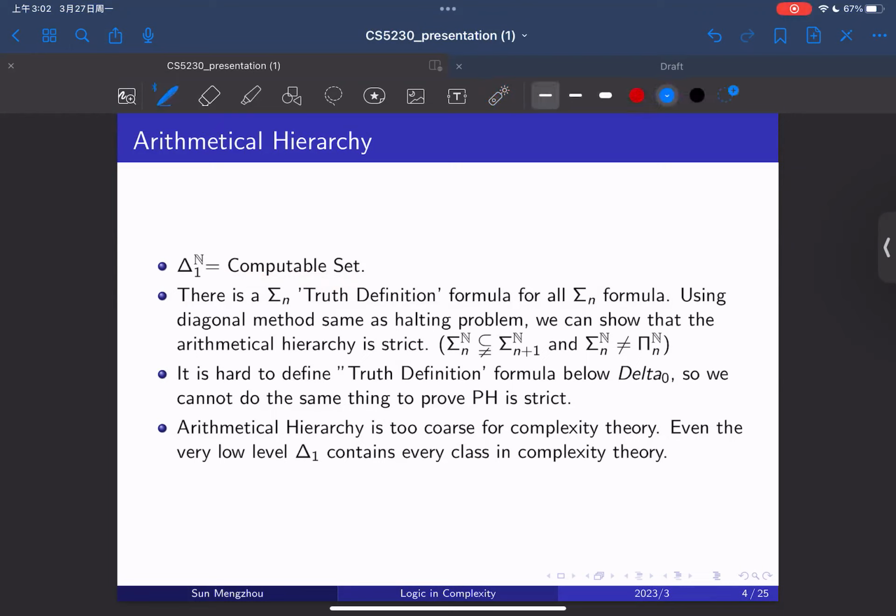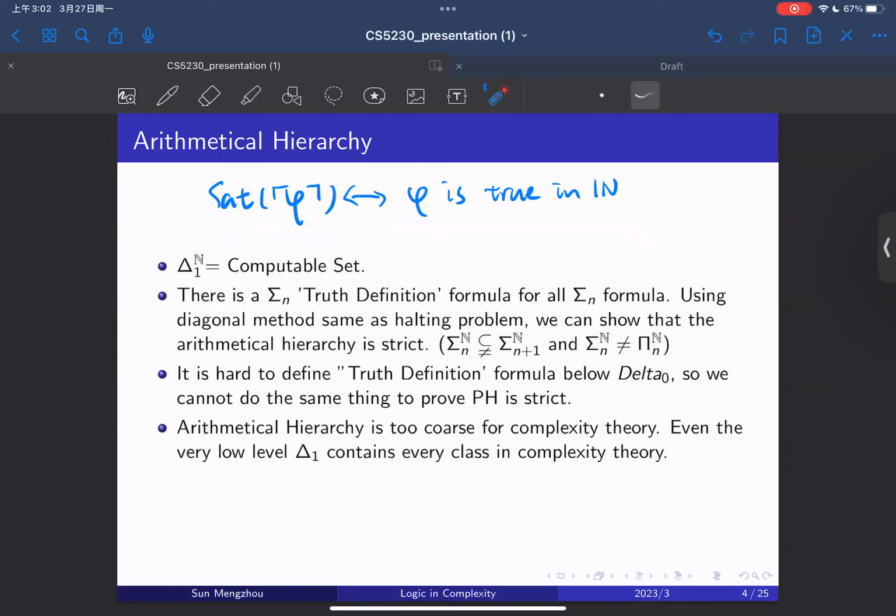Which means that there is a formula SAT such that SAT(code of phi) if and only if phi is true in the natural numbers. So this is basically the same as the universal Turing machine.